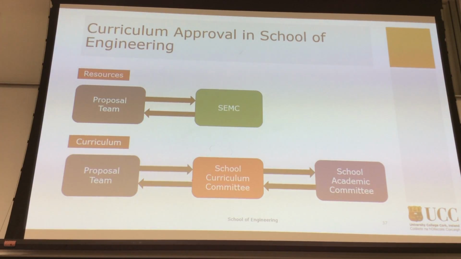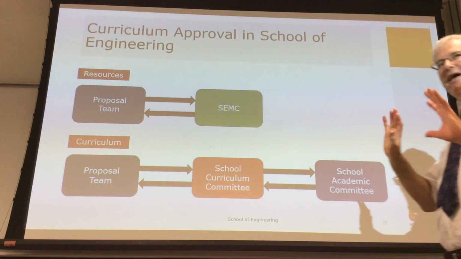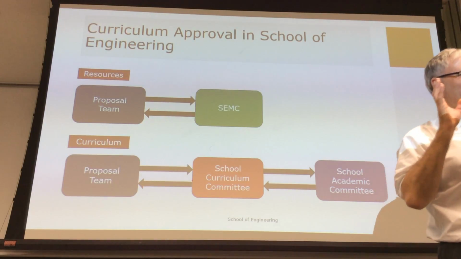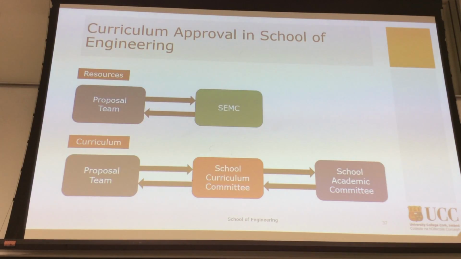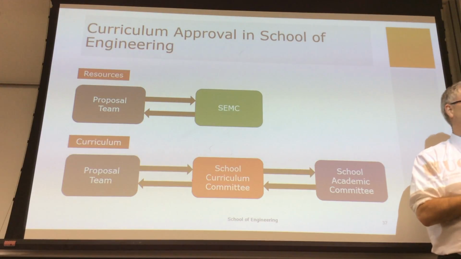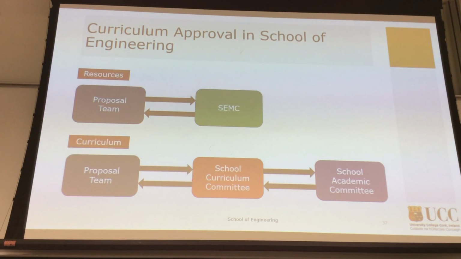If a proposal team comes with the documentation tomorrow, we can approve it as quickly as possible. But I have found that in all curriculum proposals, it is always the proposal team. They will deny it. They will blame everybody else. They will say the meeting isn't scheduled, etc. But if you don't get the documentation done, that's the delay.